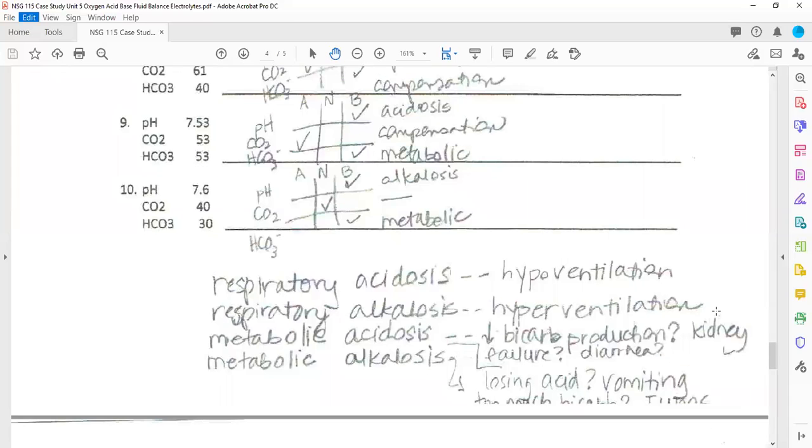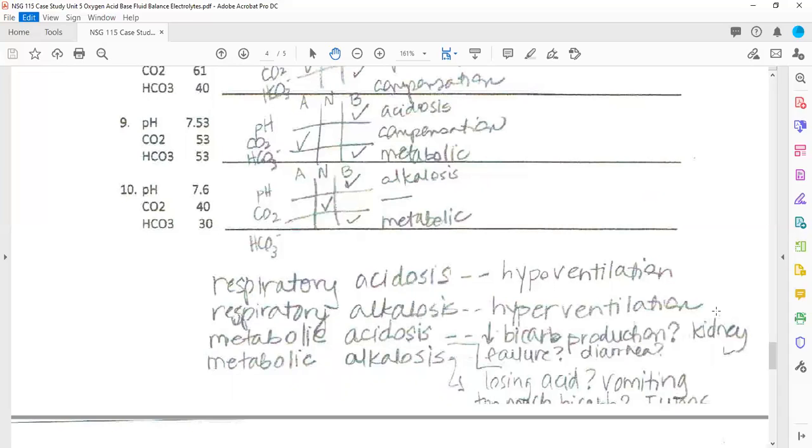And then looking down at metabolic alkalosis, it could either be that we're losing too much acid. Metabolic alkalosis happens when we're having vomiting. So stomach acid contains a lot of acidic material, hydrochloric acid. And when we lose a lot of that, then it is causing a metabolic alkalosis.